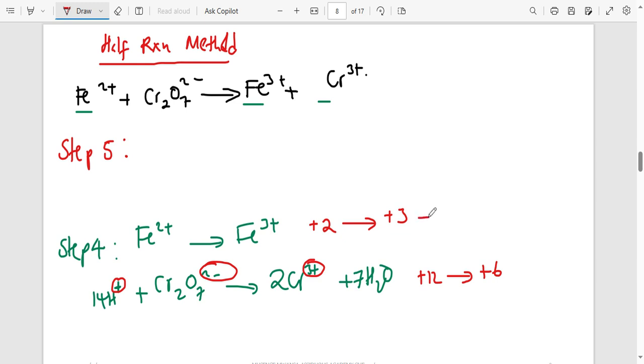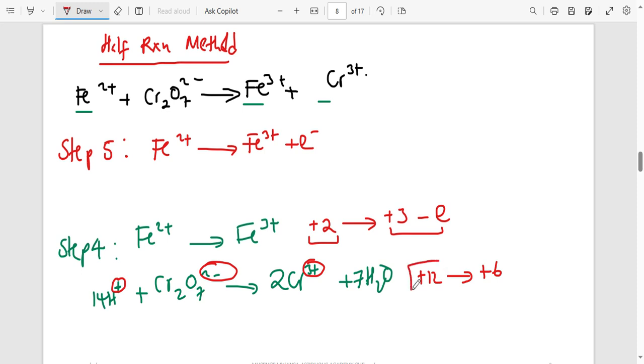So I'm going to add an electron here, because adding an electron is the same as removing a 1. So you need to remove a 1 there because you want this to be the same as this. So 3 minus 1 will give you a 2. That's what you want. The meaning of that is that for the first half reaction, we are supposed to add 1 electron on the product.